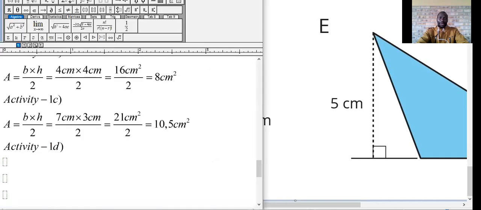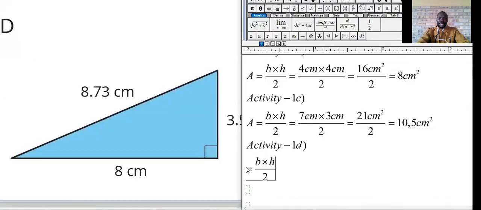So let's get right away into that. The base is 8 and the height is 3.5. From the area of a triangle, area equals base times height divided by 2, we can go ahead and substitute. We will have 8 centimeters for the base, and we multiply that with the height.